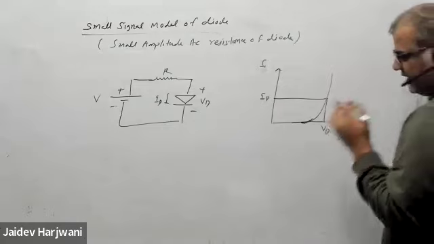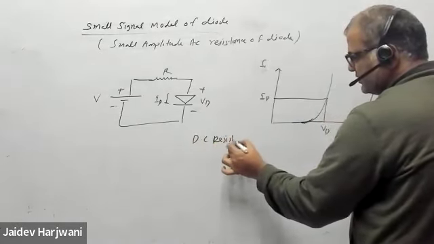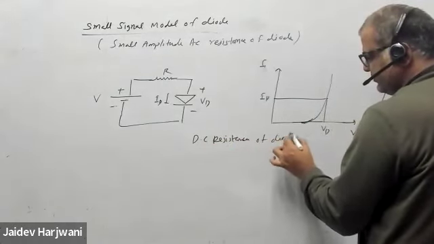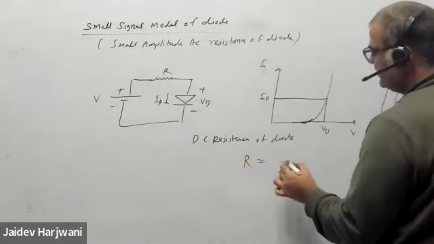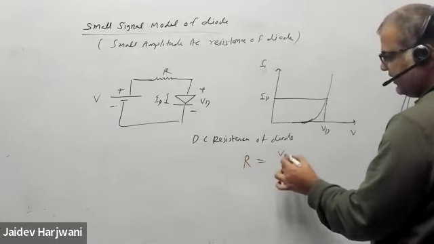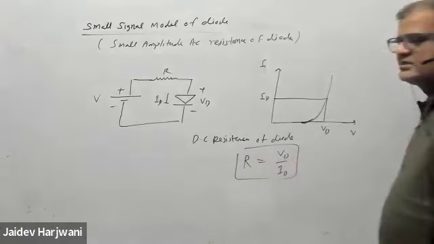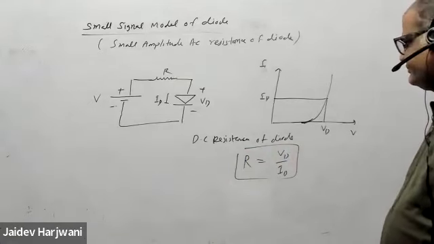Now if I want to find the DC resistance of this diode, that will simply be R equals VD upon ID. This is the DC resistance of the diode.